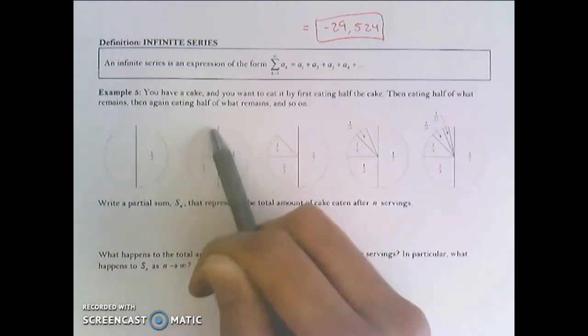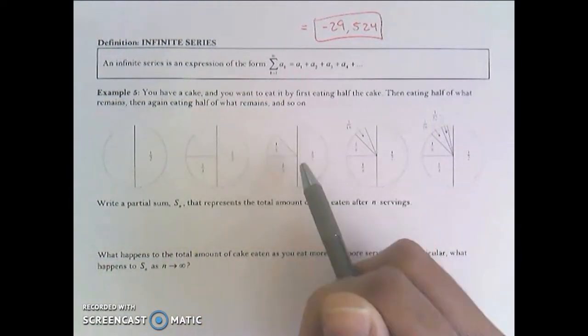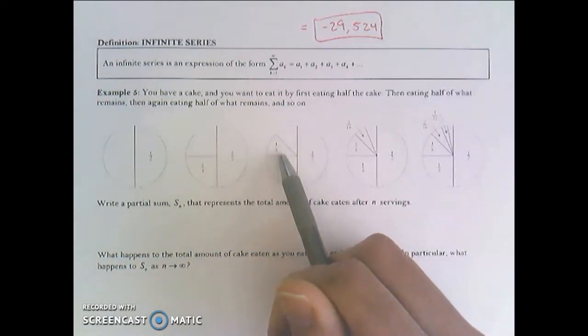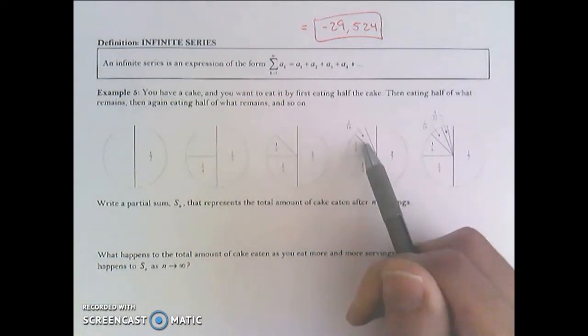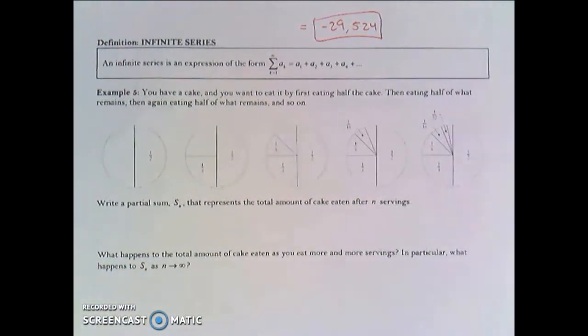You eat another half of what remains, and that means you're adding another half of a fourth, which is 1/8, and then you're eating another 1/16 and another 1/32, and so on, right? So you can do this infinitely. You can continually eat another half of what remains.